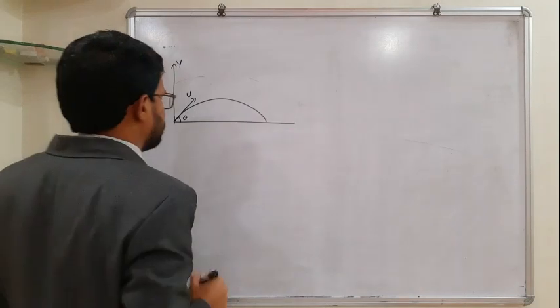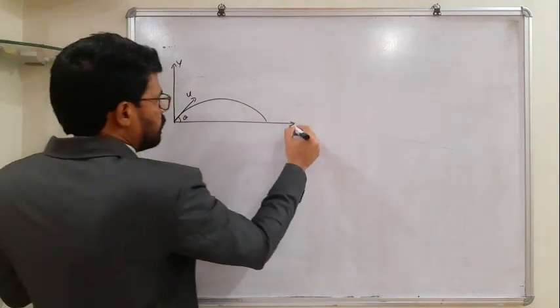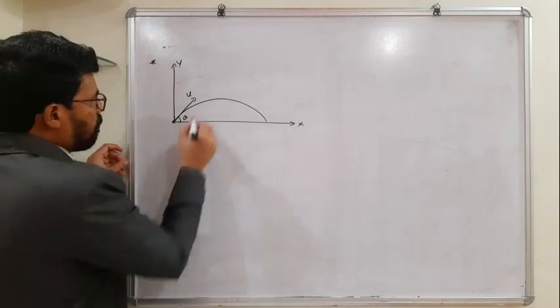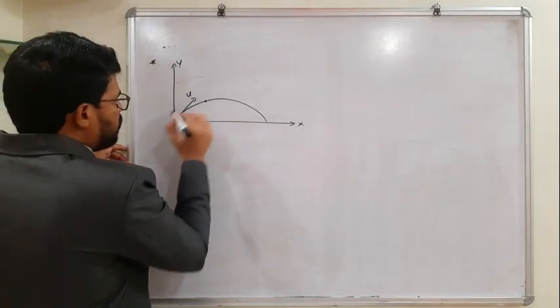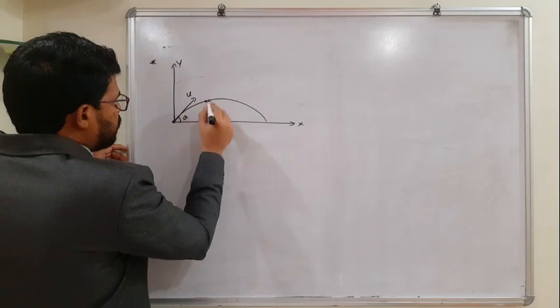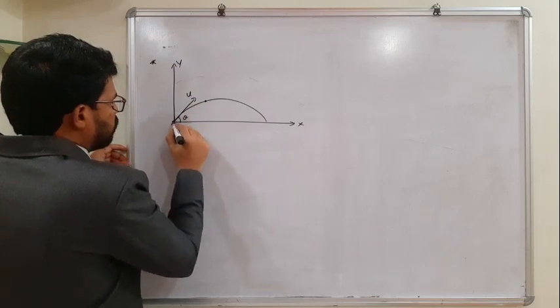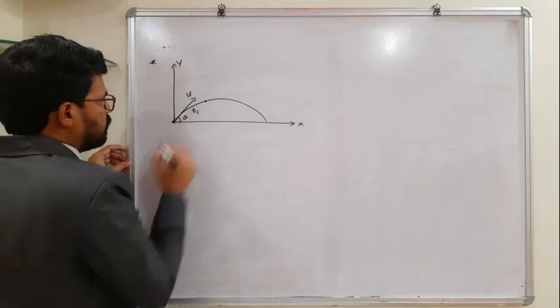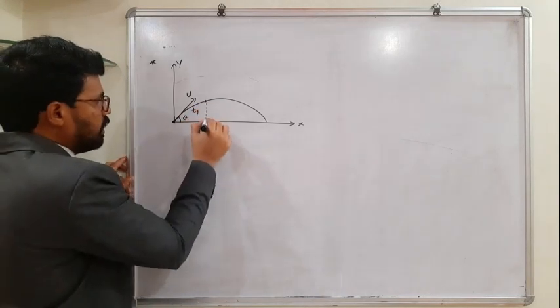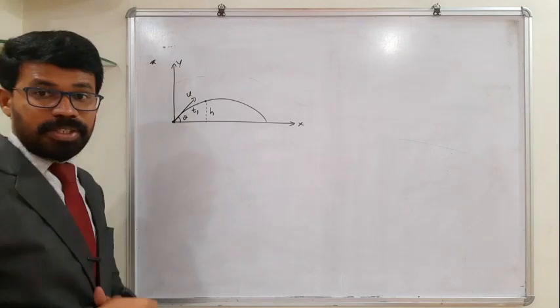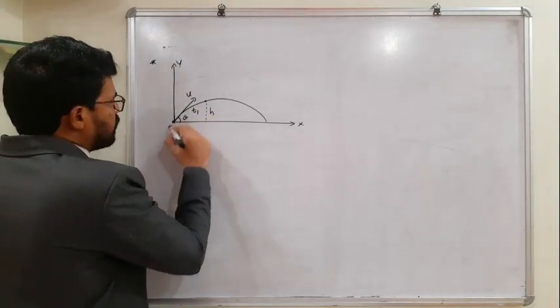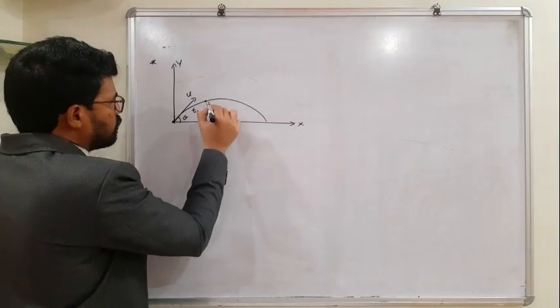So the trajectory appears something like this. Okay, I'll assume one point here, somewhere here. I'll take the time taken by the body to reach from the point of projection to this point as t1 seconds. Let us say this point is at a height equal to h from the ground. Let us call this point p.